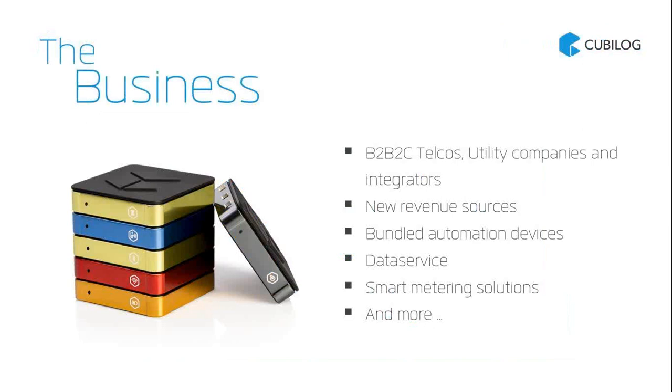For instance, bundled automation devices, selling extra data services, or putting smart metering solutions on, and many more. You have to imagine a toolkit for B2B partners on the software side and on the hardware side, a modular toolkit from which we can create a solution, an application for our partner really easily.